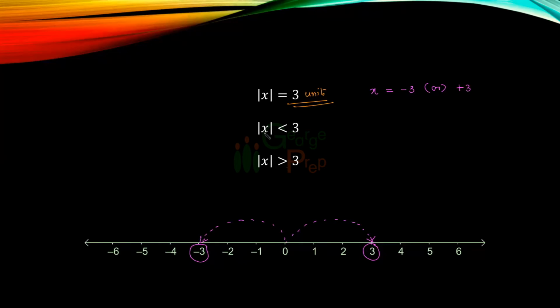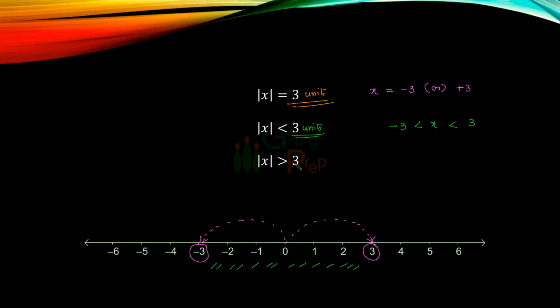So x can lie between minus 3 and 3. So x is going to be greater than minus 3, less than 3, so that the distance of x from the origin never crosses 3, it is always less than 3.